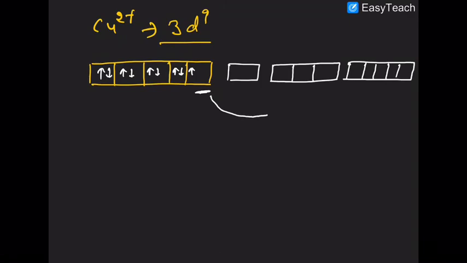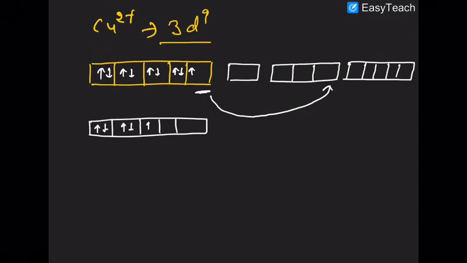If it goes outside and becomes like that, which is not possible. First I am writing what does not take place: this electron will go there and the ligand will come like that.